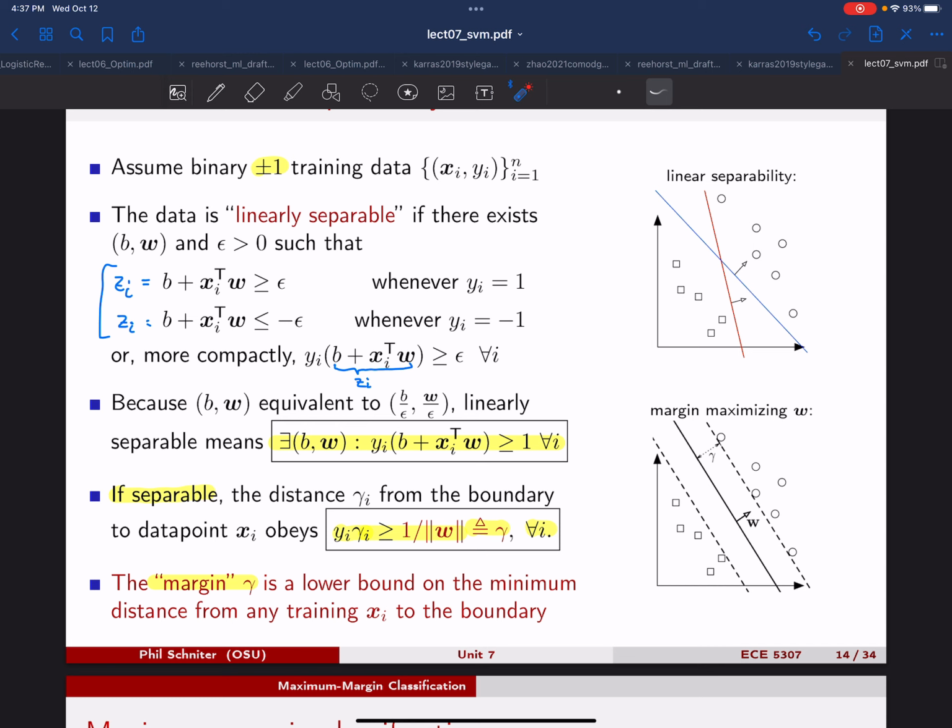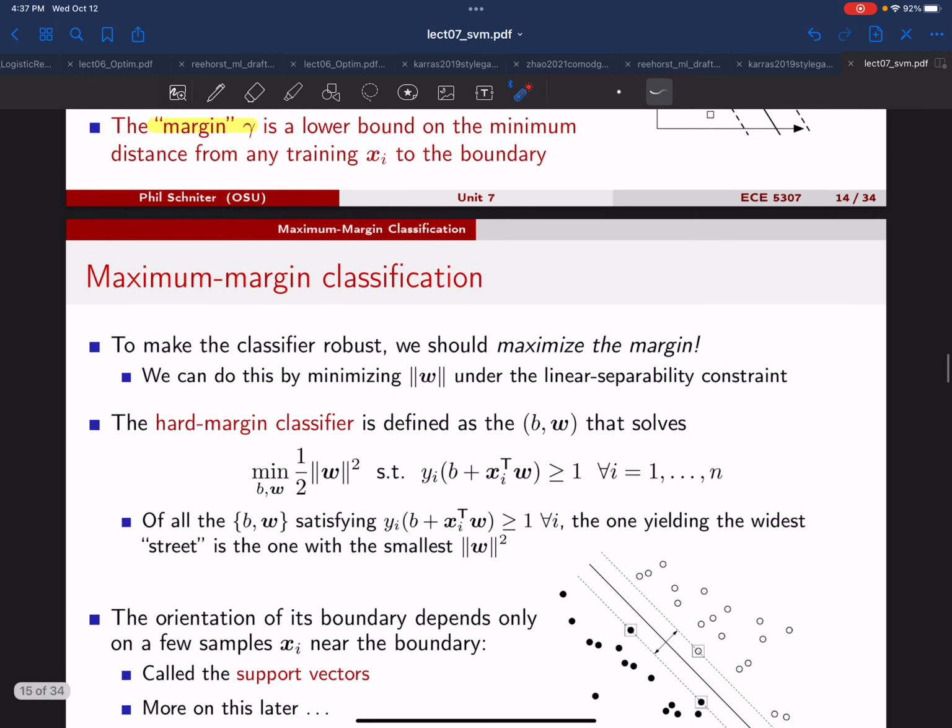Because I could come up with a W which is pointed this way, whose norm is maybe really tiny, so that 1 over the norm of W is huge. But that's useless because it's making errors on all these samples. So I really want to do two things. I want to make sure that this inequality holds for all my training samples, and I want to make this quantity, the margin, as large as possible.